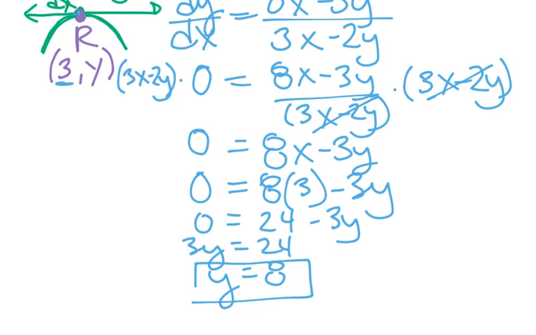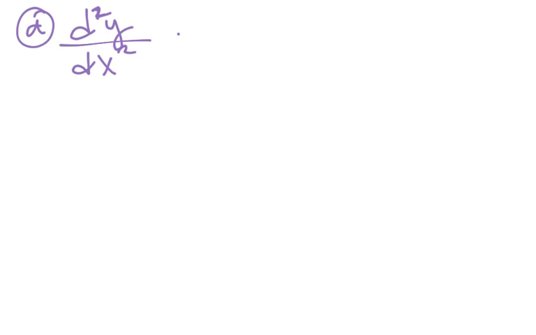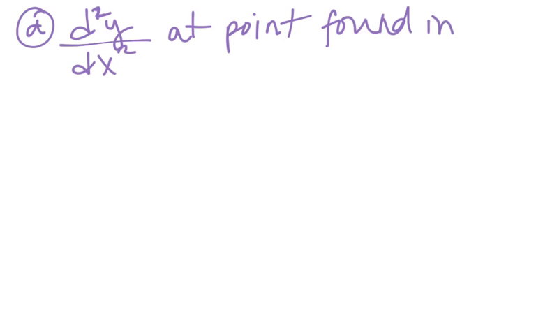Next up, we're going to go to part D. Part D asked us to find the second derivative, d squared y over dx squared. So that's the second derivative at the point found in C. The point found in C, we just found that.